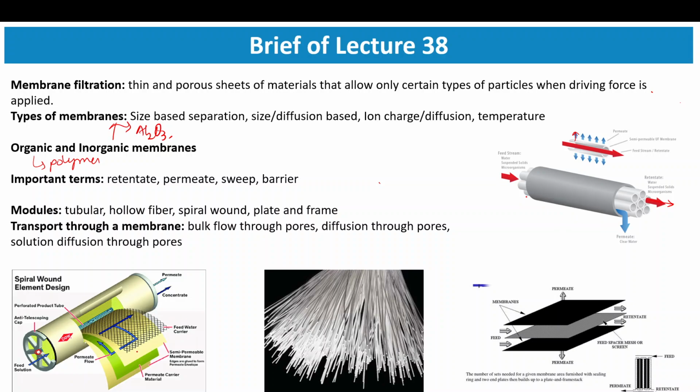So in that case, again, if this is the membrane, there are spacers used. What are these spacers used for? They are used for equal or uniform distribution of feed water across the membrane. After permeation, the feed water passes like this, and the water crosses the barrier, and the permeate water passes in this direction and is collected later.